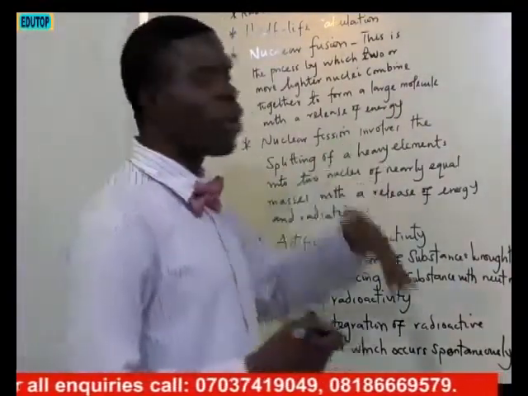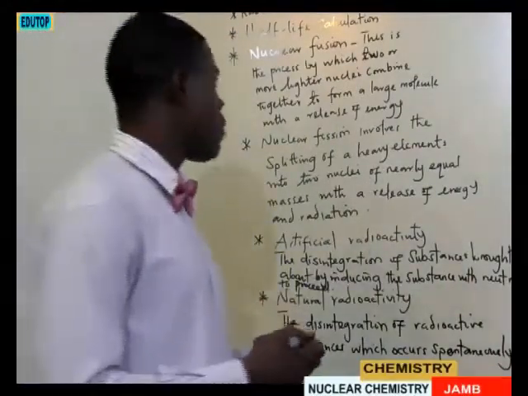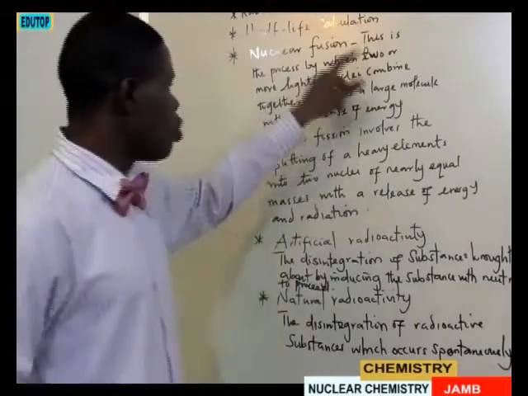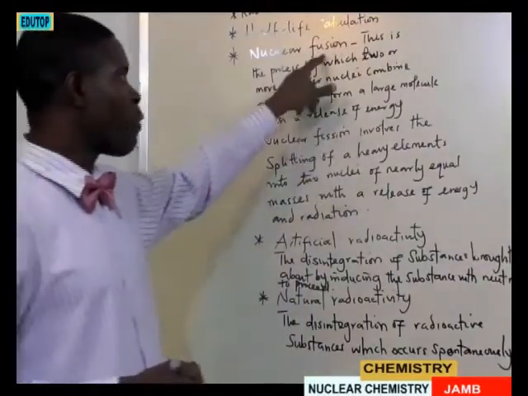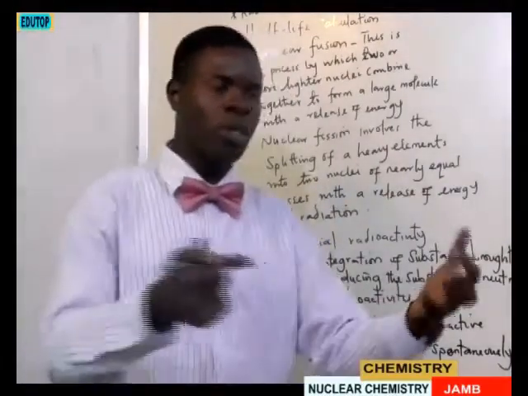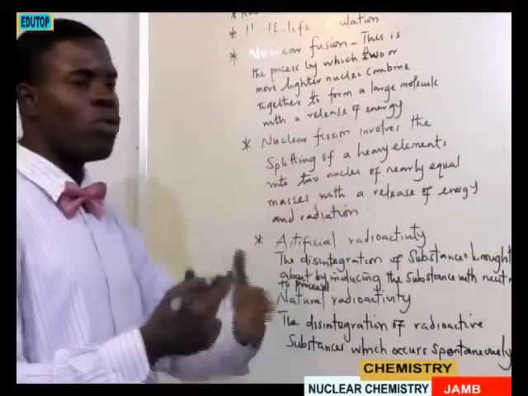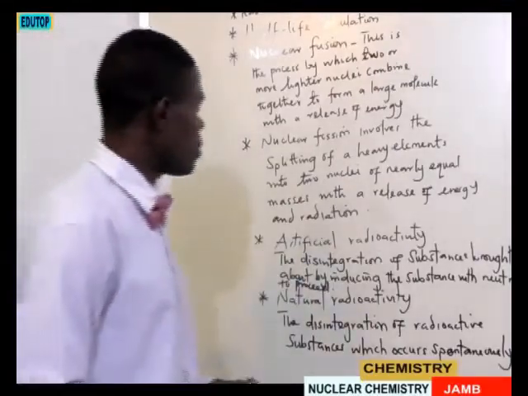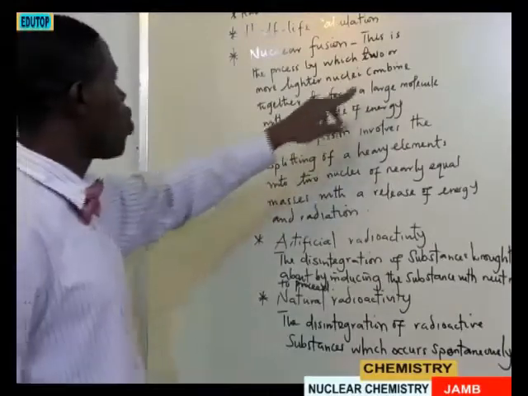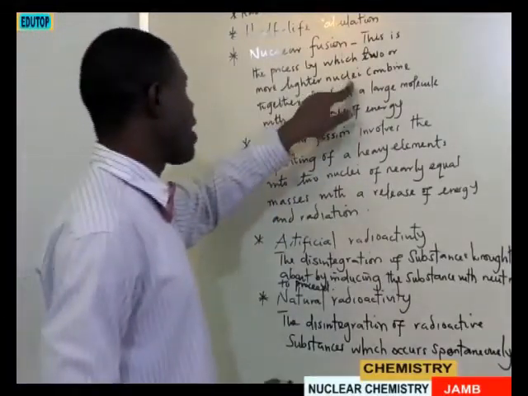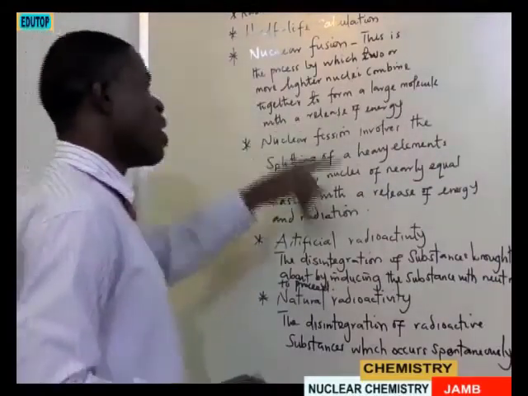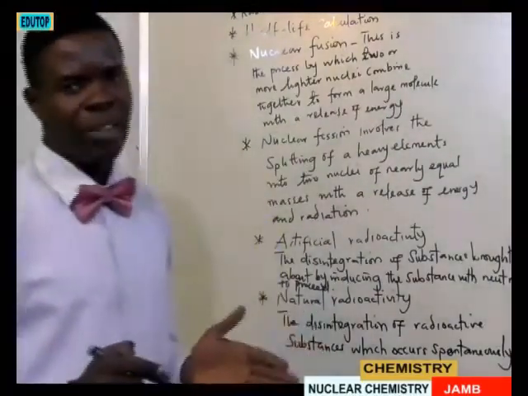Then also, under the nuclear reaction, we have nuclear fusion and nuclear fission. Mind the spelling. Fusion, fission. From the word fusion, it has to do with what? Coming together. While fission has to do with what? Splitting. So nuclear fusion is the process by which two or more lighter nuclei combine together to form a larger nucleus with a release of energy.